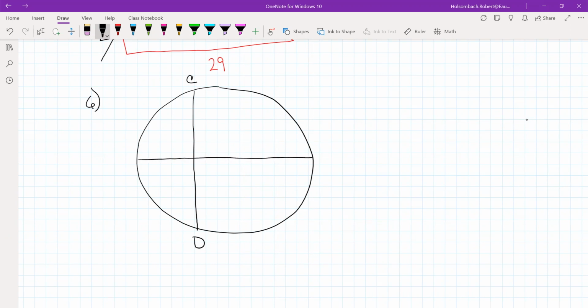Got a segment going from left to right labeled AB. We're going to connect C and A, and then we're going to connect A and D. And this point of intersection in the middle is P.